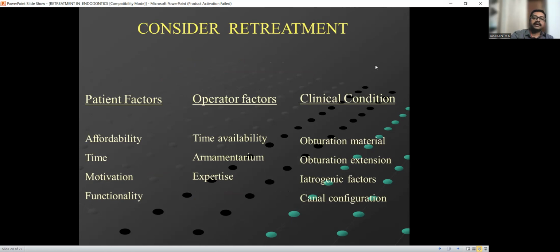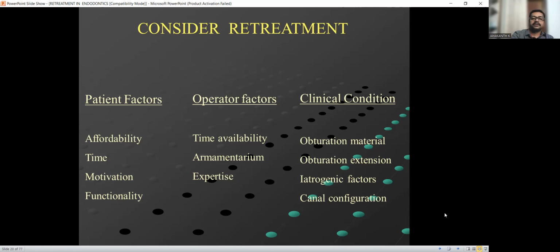So you can consider retreatment in the following conditions. The first one is based on the patient factors: affordability, time, motivation, functionality. First of all, the retreatment should be affordable for the patient, and there should be enough time for retreatment. You should not do it in a hurry.